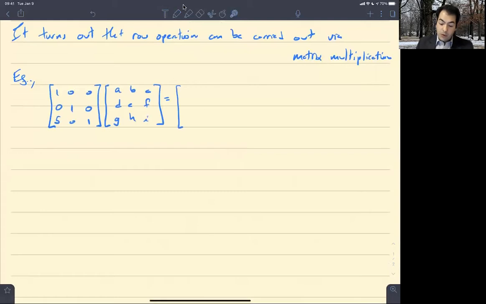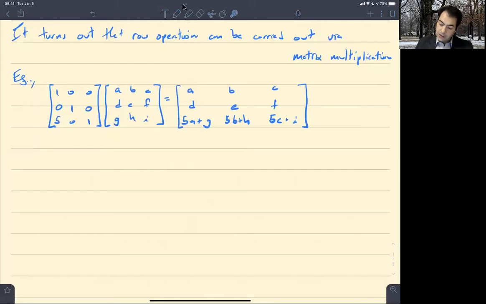Remember the way you find this is, for example, I take this row times this column, and I find A. I take this row times this column, find D. I take this row times this column, and I end up with 5A plus G. And then similarly, here I would get B, E, 5B plus H, and here I would get C, F, and 5C plus I.